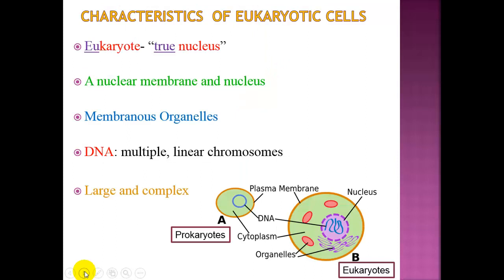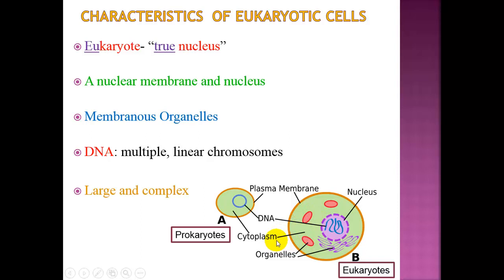The word "eu" means true and karyot means nucleus. Eukaryotes are therefore organisms with cells that have a true nucleus due to the presence of a nuclear membrane, as you can see in this diagram. Eukaryotes have several membranous organelles in their cytoplasm.